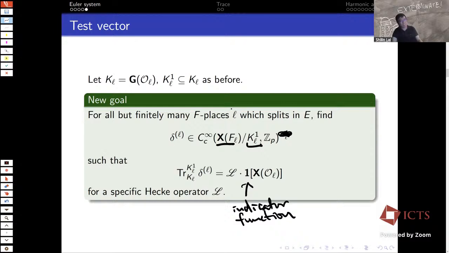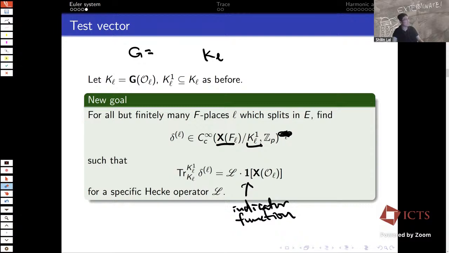I'm implicitly assuming L is unramified. In this case, KL is a maximal compact subgroup, and KL1 is a subgroup of KL, which is normal and has abelian quotient. In a specific case, let's just say G is GLN.